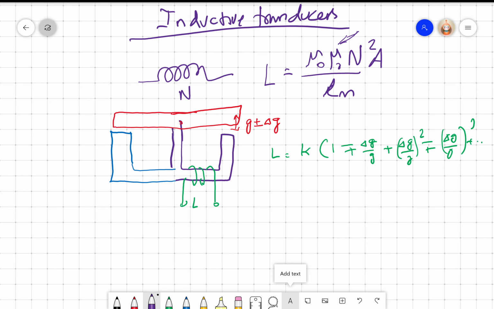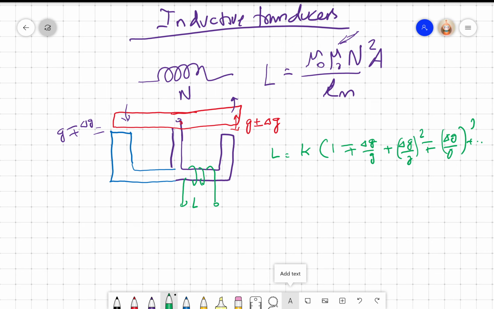This is only for illustrative purposes. We'll see the actual one later. So if this is G plus or minus delta G, this would be G minus or plus delta G, because if this moves down, this will move up. So if delta G is reducing here, delta G will increase here, and vice versa.